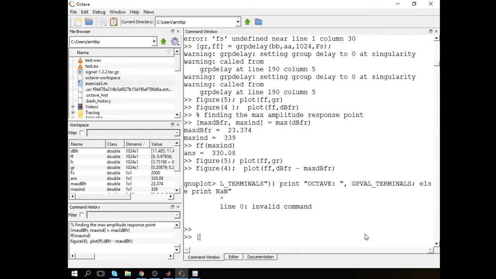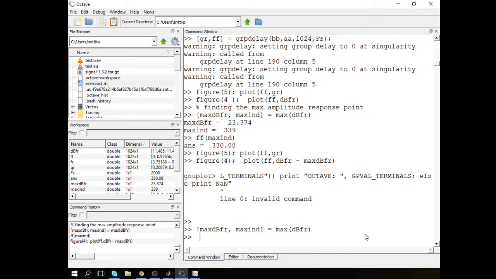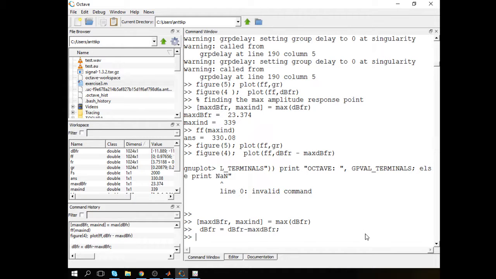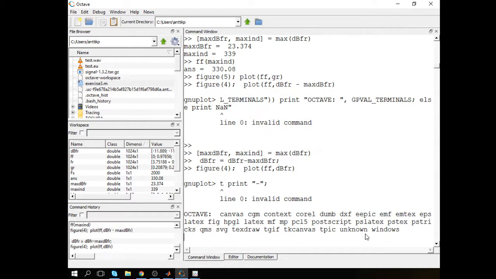All right. So dBFR should look like dBFR minus the maximum dBFR, right? Then I should have this figure 4 again.